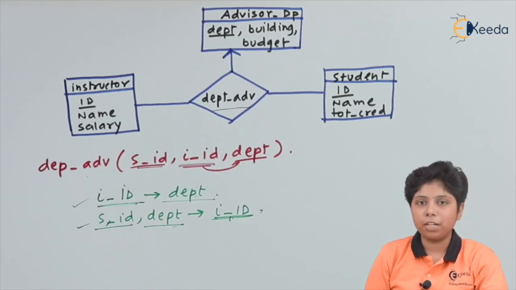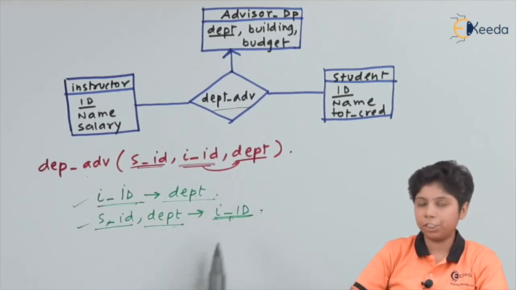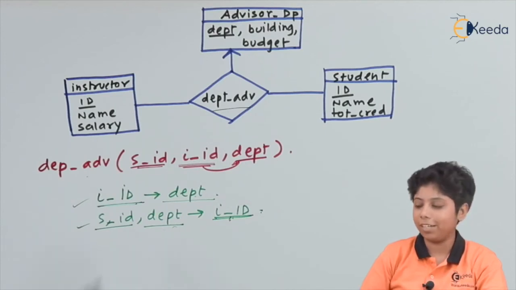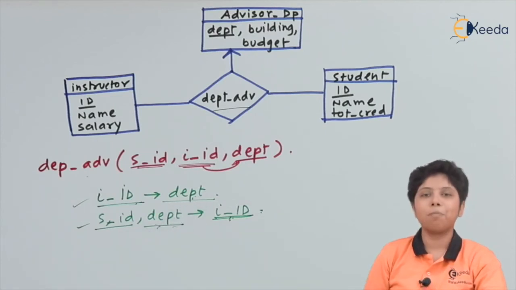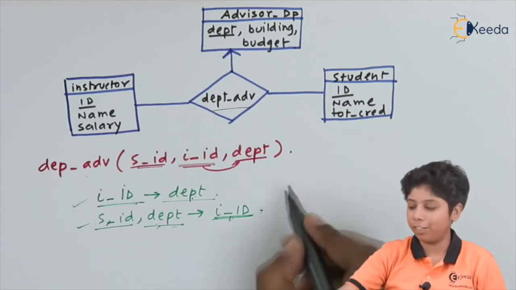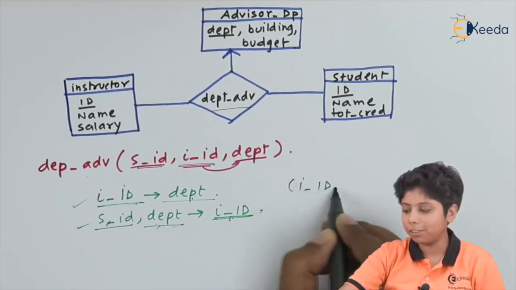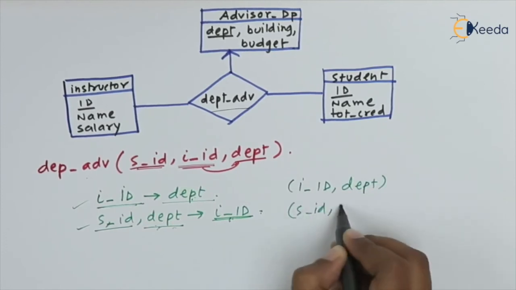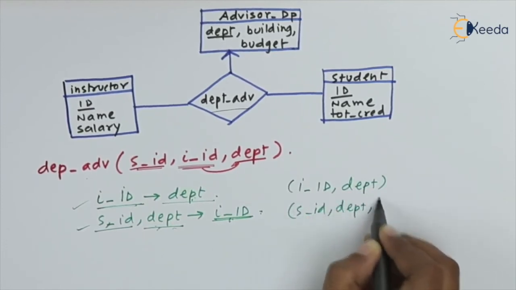Now, if we converse these two relations on these dependencies, then we can say that we are actually having the department name both as a combination of an ID department or as a SID department ID.